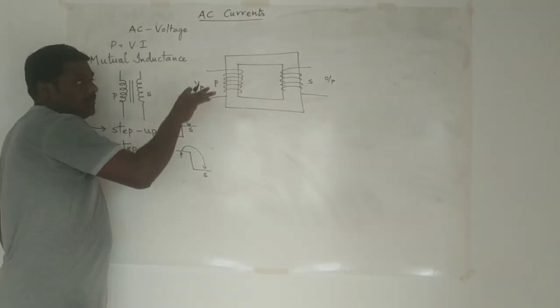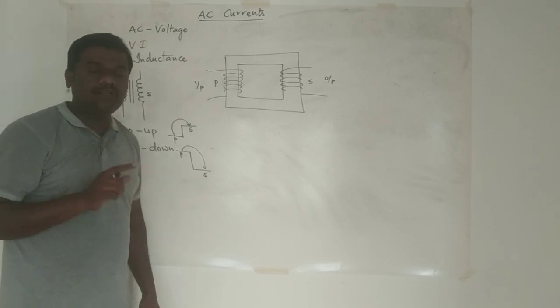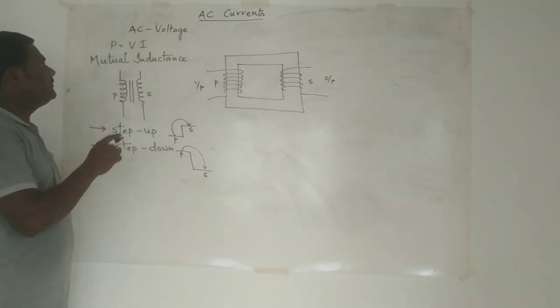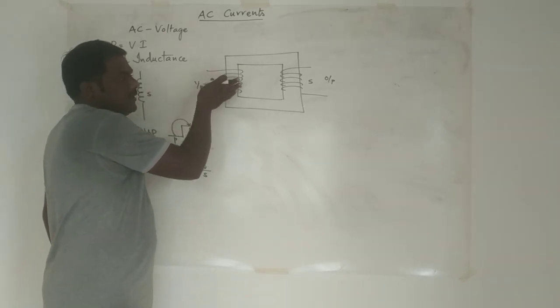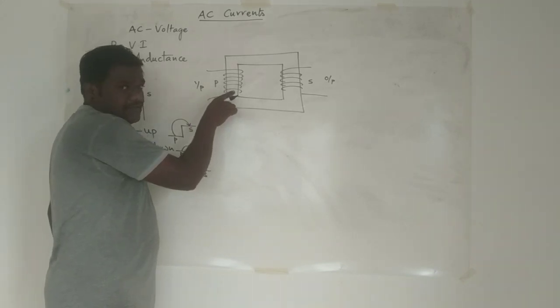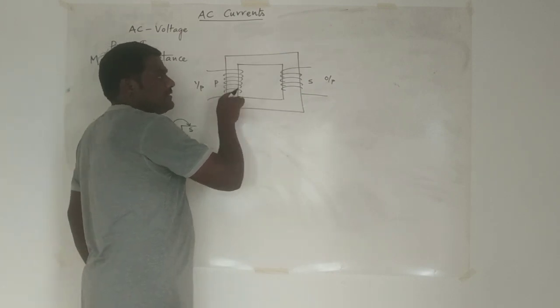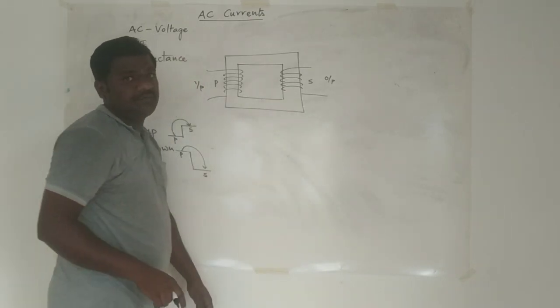In order to get more output voltage, the simple rule is to increase the number of turns. The reason is, as per the mutual inductance concept, when a current passes through one coil, there is a change in the magnetic flux. Since it's an AC current, that magnetic flux acts on the other coil and will produce an EMF.